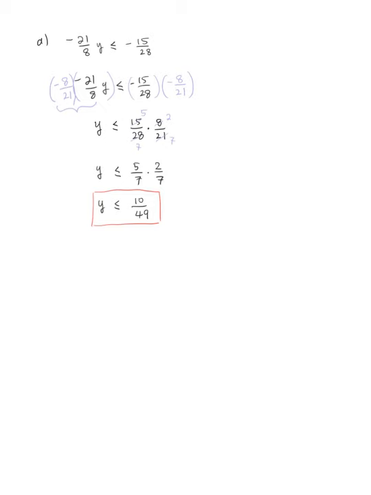Now, to write this in graphical notation, jot down 10 over 49. So y is less than or equal to 10 over 49. Since we have an equal to, you're going to have a closed bracket. So which side are we shading? Left.